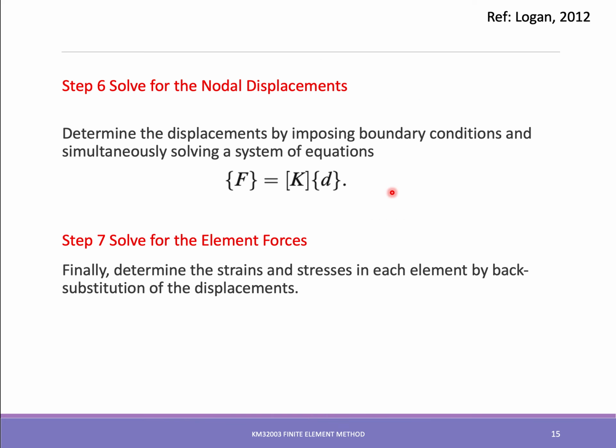Once we get that, we solve all the simultaneous equations to get the nodal displacements. Then we do a back substitution of the nodal displacements in order to get back the element forces acting on every single element.